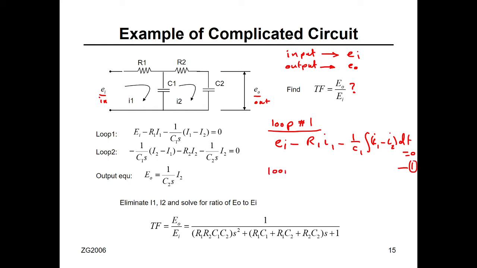For loop number 2, what's the equation of motion? Now in loop number 2, all the elements are passive, so all of them are negative.